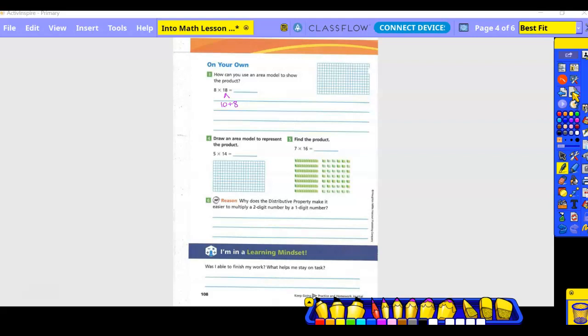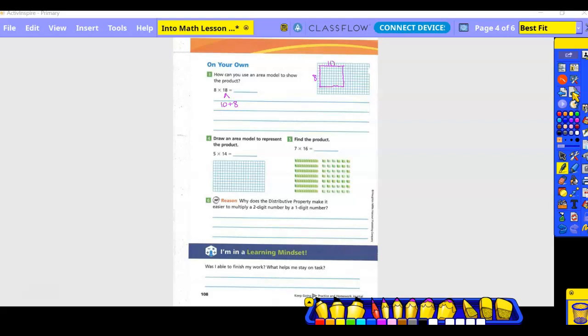Okay, so I'm going to have to go down 8 spots. Okay, and then over 10. And then make a box there. So we said this was 8 and this was 10.